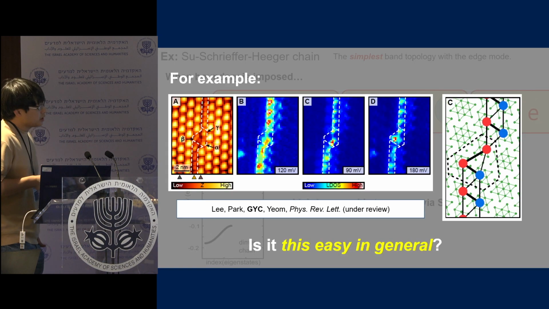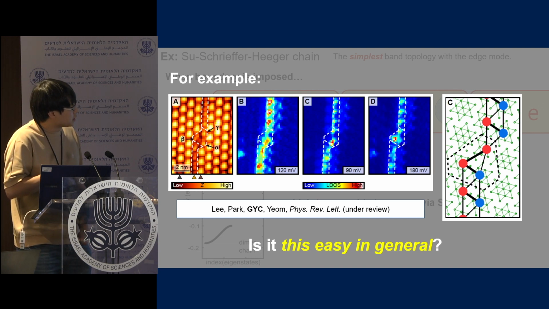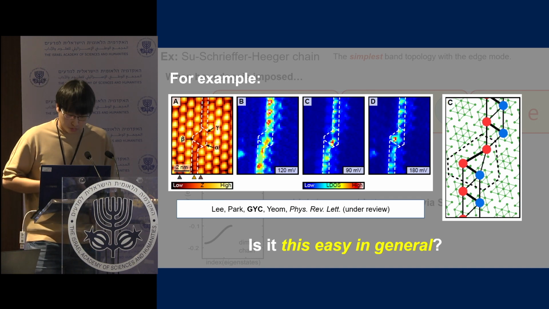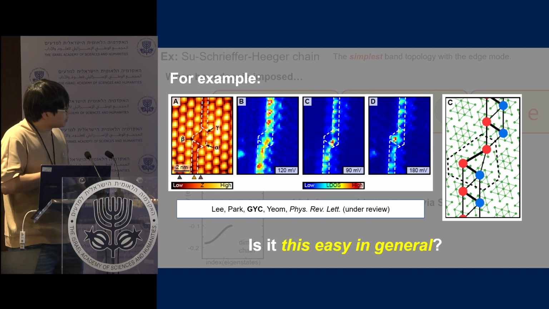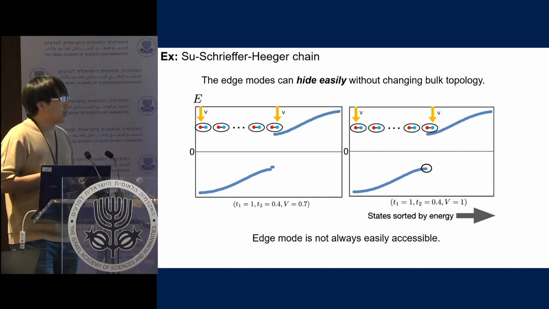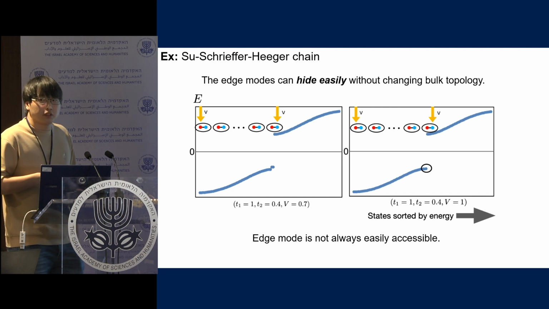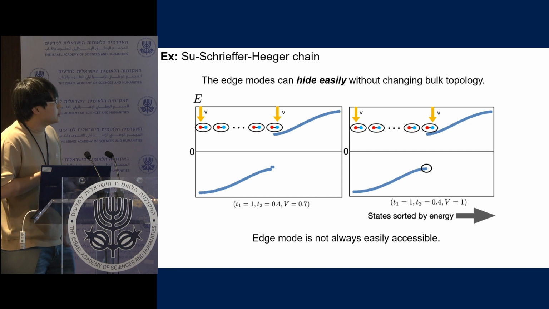For example, we did so with experimental colleagues, and we also saw some variation of the Su-Schrieffer-Heeger chain. We also detected the edge mode through the STM experiment. But the question I would like to ask is whether it's this easy in general. Actually, this is not the case. In the Su-Schrieffer-Heeger chain, the edge modes in realistic situations tend to hide very easily in the bulk spectrum.